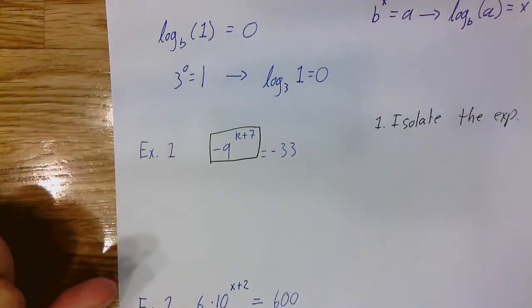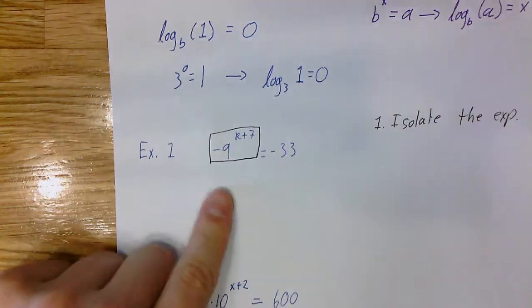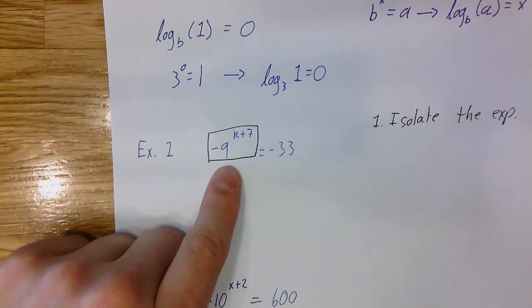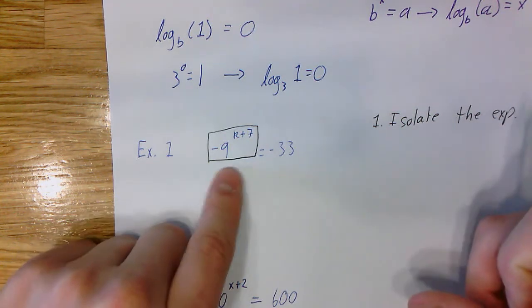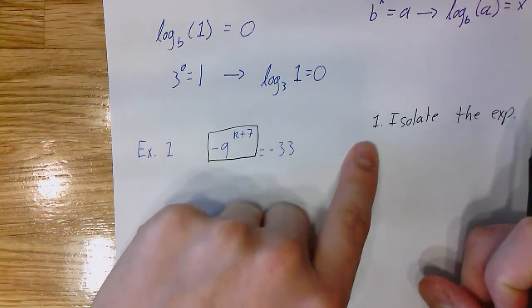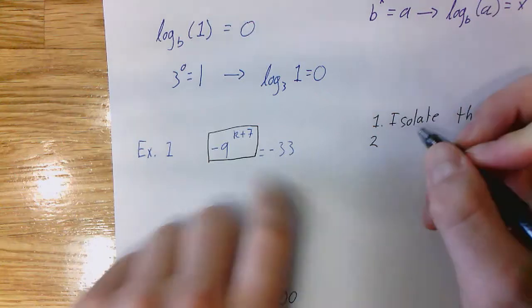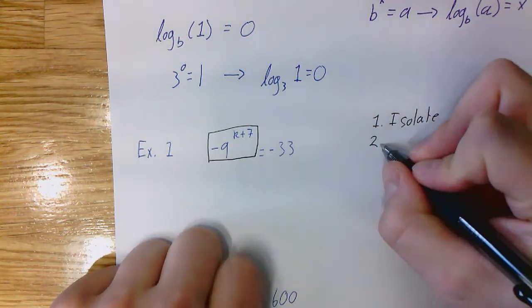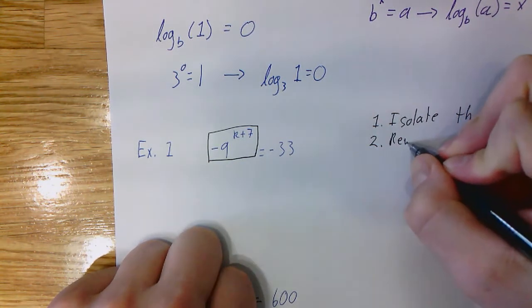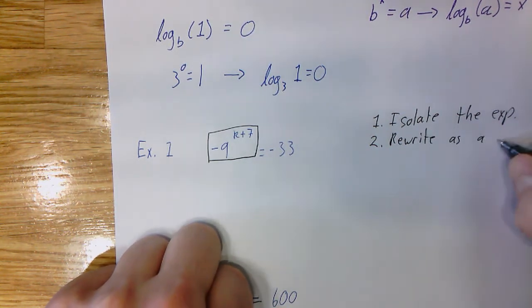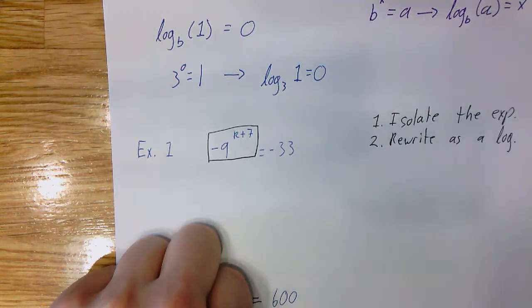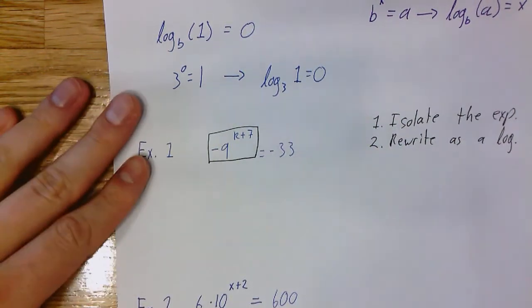That whole thing is considered the exponential. You want to get that isolated by itself on one side of the equation. Once you have it isolated, then you are going to rewrite this equation as a log.